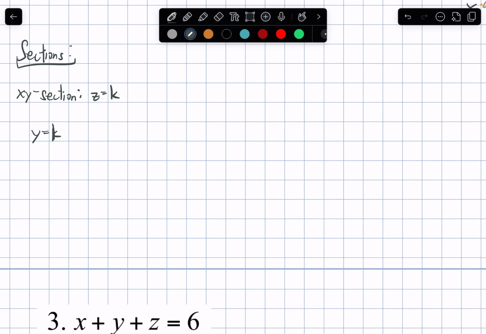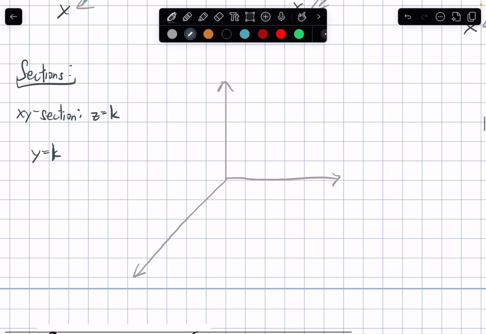What line is this? You know that it's a line since there's no squared. Yeah, it's self-explanatory.